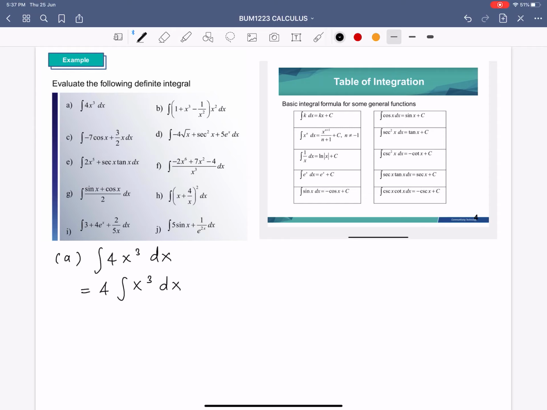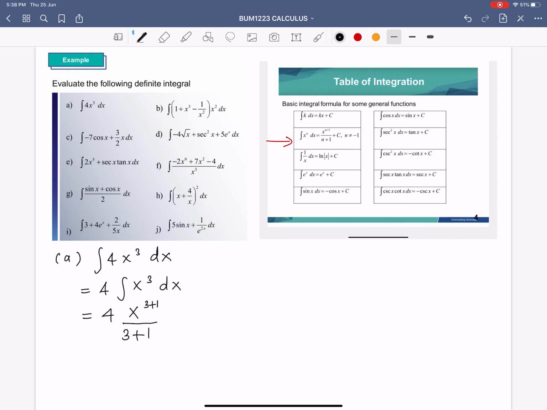Where if you see integration x cubed dx, this is in the form of integration x power of n dx. So this is equal to 4 x power of 3 plus 1, based on the power rule formula, over 3 plus 1, where our n here is 3.